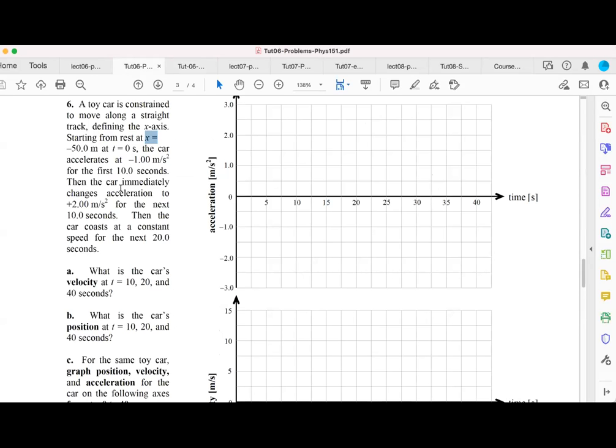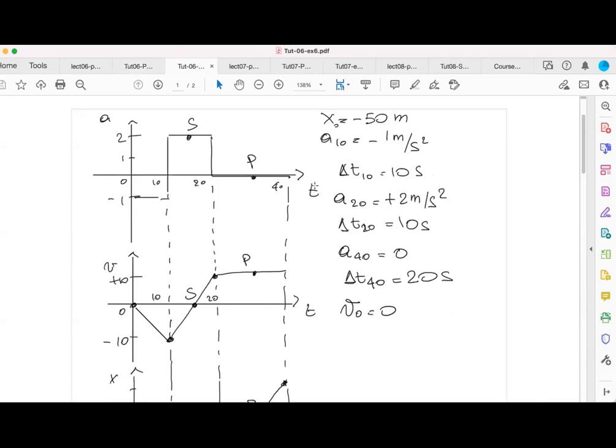Then he said the car immediately changes acceleration to plus 2 meters per second square for the next 10 seconds. So here, a for the next 10 seconds, which I decided to call a20, is 2 meters per second square. And delta t20, which goes from 10 seconds to 20 seconds, is 10 seconds again.